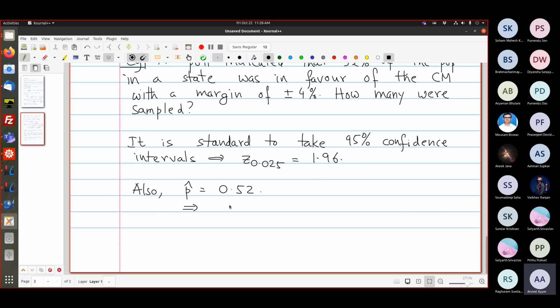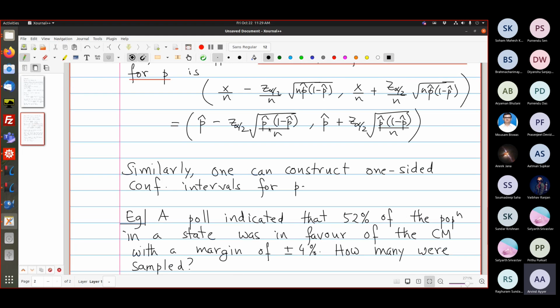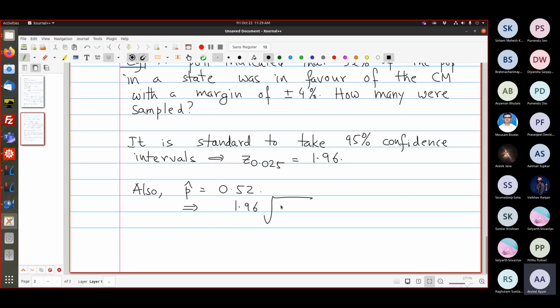Therefore Z alpha by 2, which is 1.96, times the square root of p hat (1 minus p hat), which is 0.52 times 0.48, divided by n, is approximately 0.04.